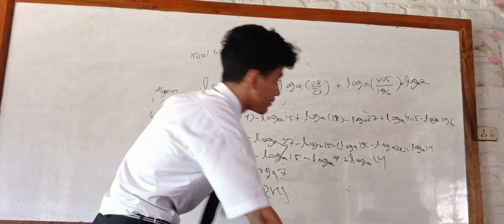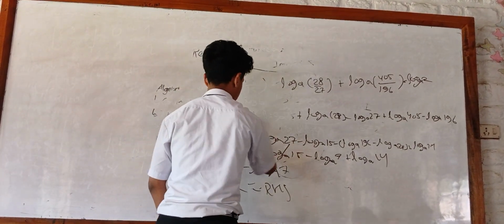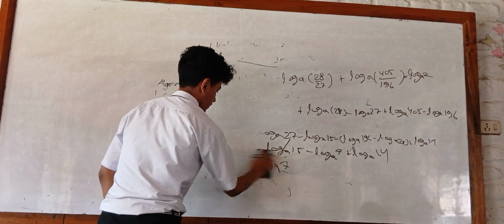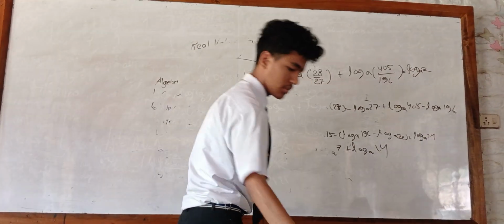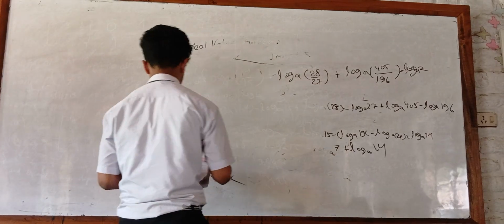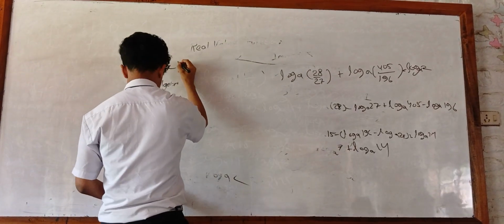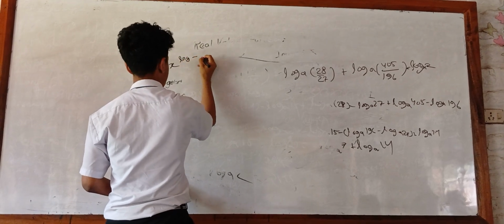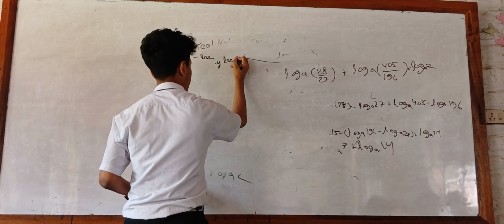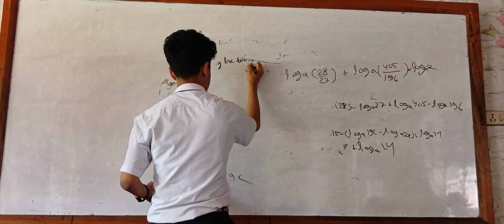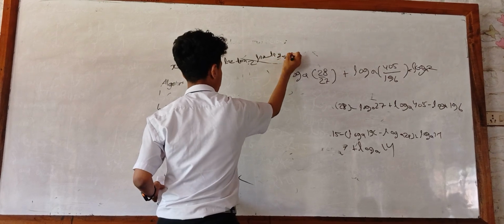Now for the next problem. The next problem is going to be x to the power ln y minus ln z, times y to the power ln z minus ln x, and z to the power ln x minus ln y, will be equal to 1.